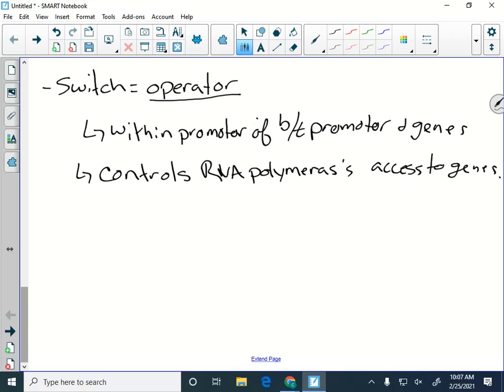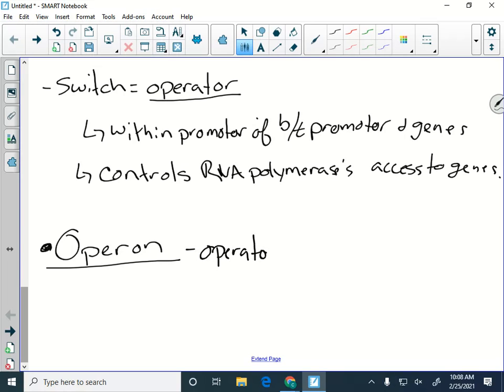So, now we can get to what an operon is. An operon is the segment of DNA that is the operator, the promoter, and all of the genes.